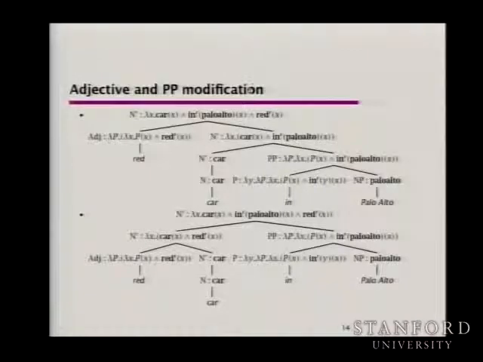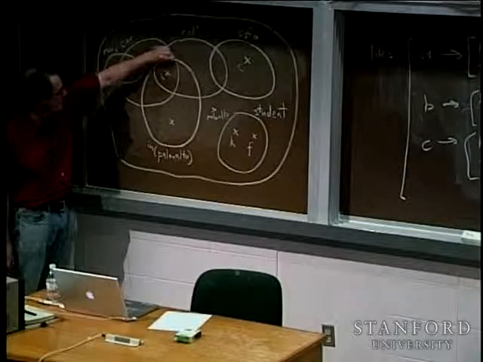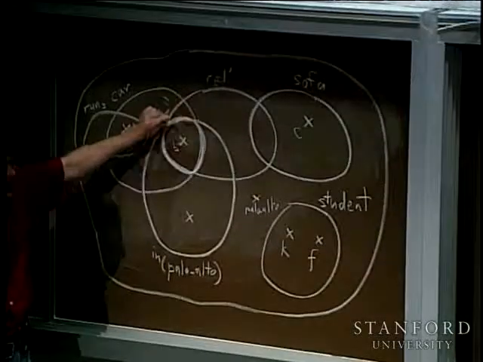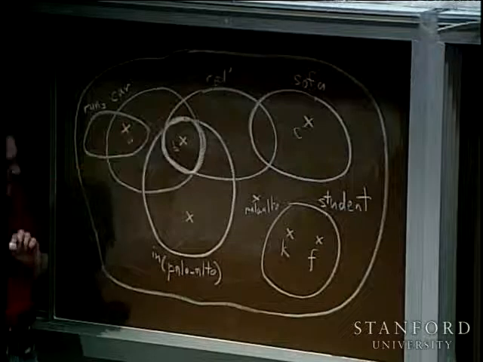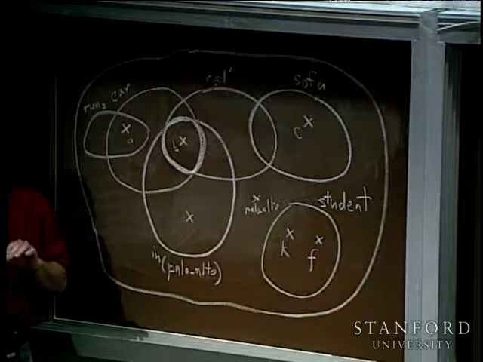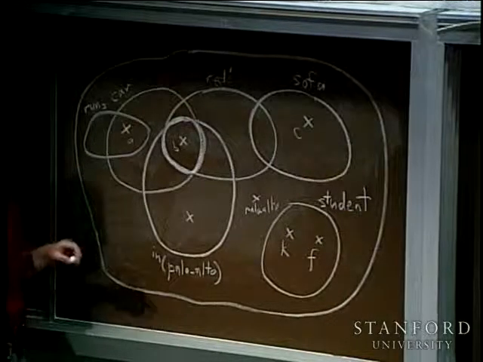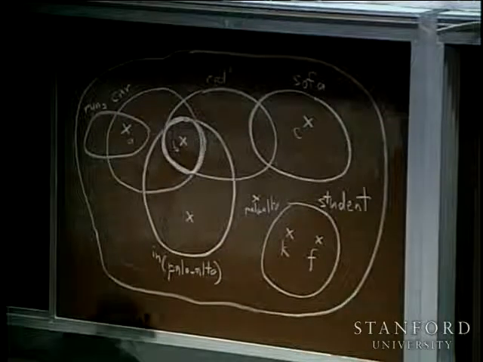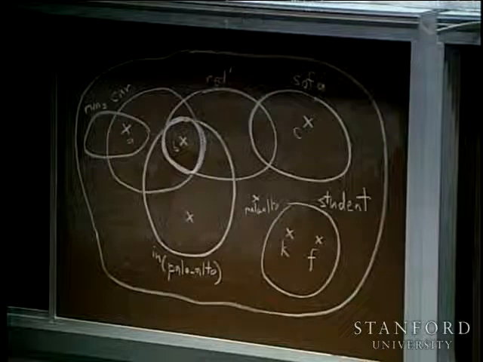In particular, in terms of my model that I have right here, what I'm wanting it to do is pick out precisely this set here as the red car in Palo Alto set of individuals. So the end result of the semantics that we make should be that we're getting out a property. So how do we actually get that all out?